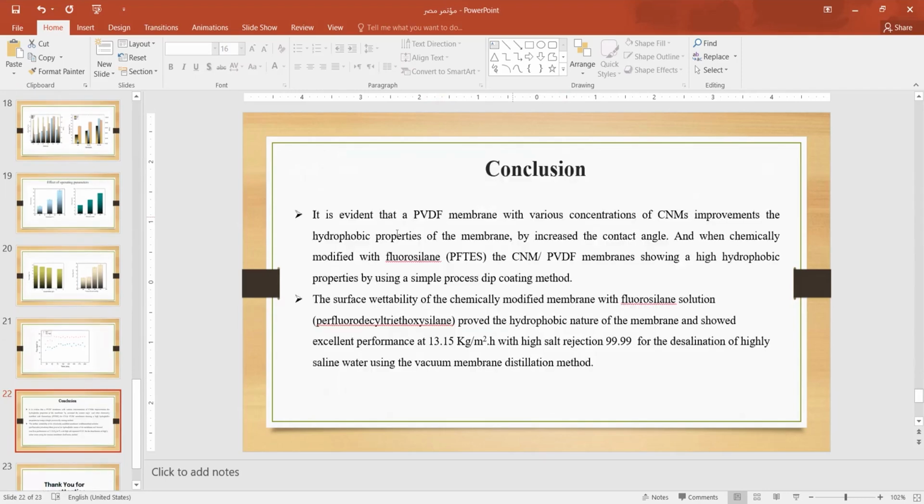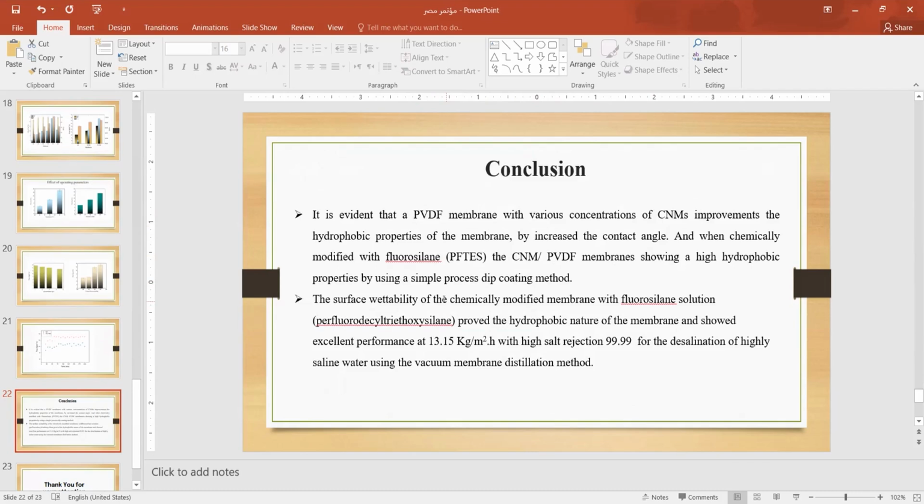Conclusion: it is evident that the PVDF membrane with various concentrations of carbon nanomaterials improves the hydrophobicity of the membrane by increasing the contact angle, and when chemically modified with fluorosilane solution, the carbon nanomaterial PVDF membrane shows high hydrophobic properties using a simple dip coating method.